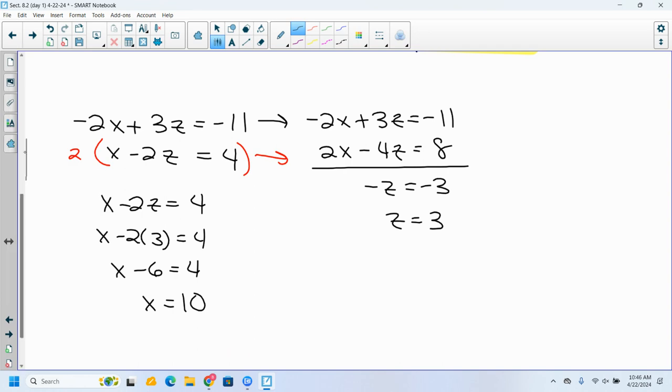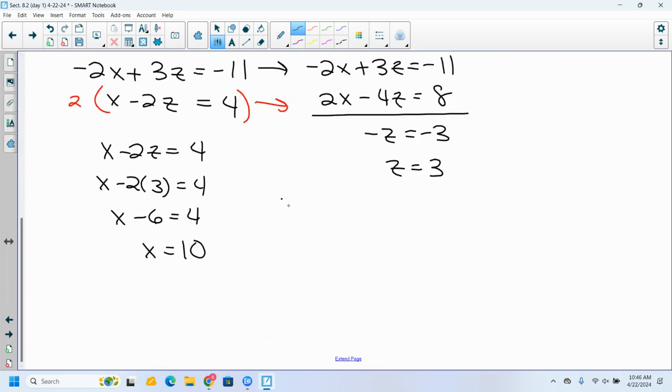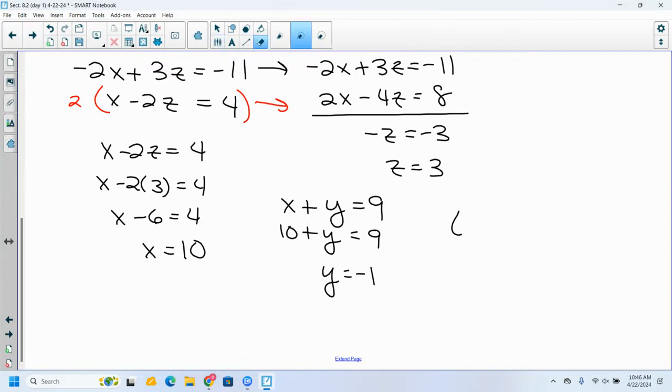Which one has a y? Is the first one? x plus y equals 9. x is 10. When I subtract 10, I get -1. So I got, what do I got here? 10, -1, 3. 10, -1, 3. Okay, for that one.